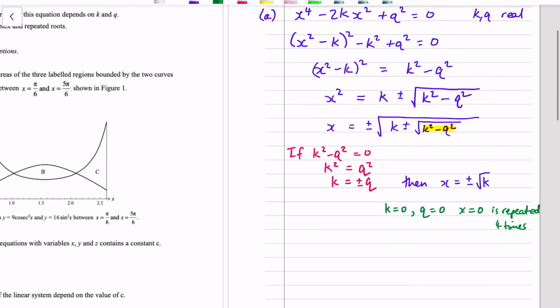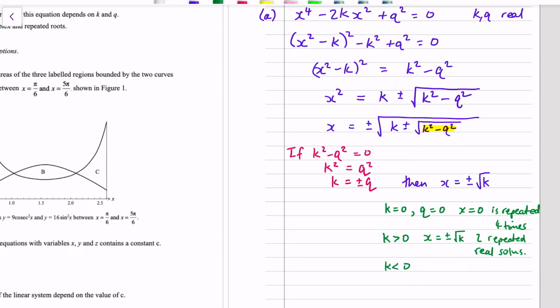Okay, ignoring that case, if k is greater than 0, then we get x is equal to plus or minus square root k, which is 2 repeated real roots. Because remember, this is a quartic equation. It should have 4 solutions at maximum. And if we've got just plus or minus root k, where k is positive, 2 repeated real solutions.